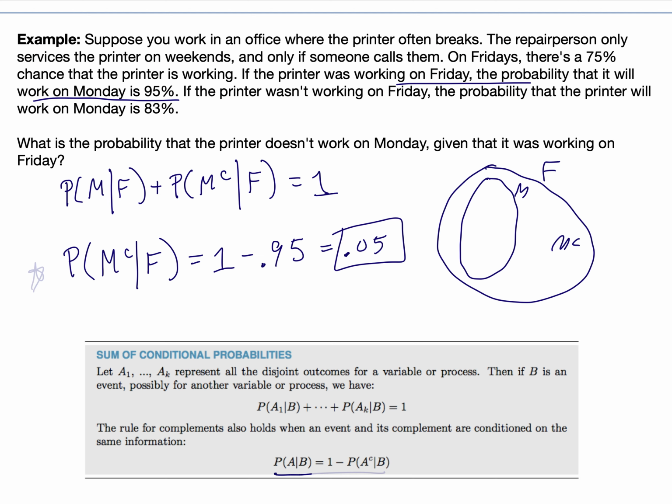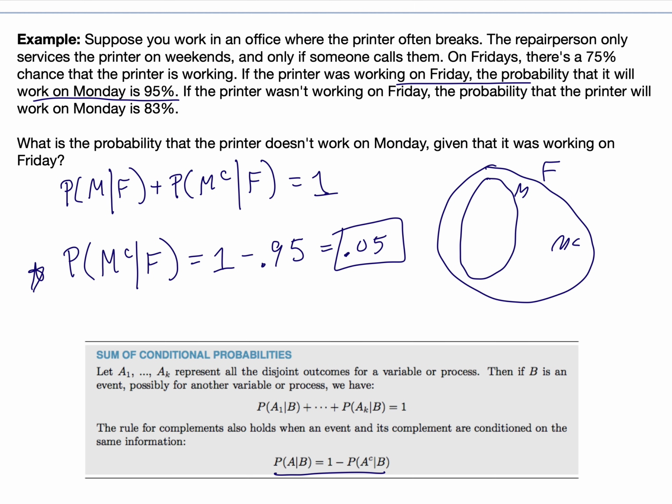And as we have above, just with different event names, the probability of A given B is equal to 1 minus the probability of A complement given B.